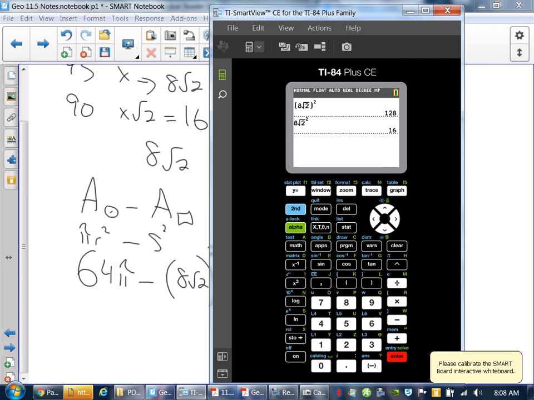When you're squaring something with a root in it, you have to put it in parentheses in the calculator. Because remember, squaring something means junk times junk: 8 root 2 times 8 root 2. That's what that does. You have to be careful. So that means that your square would be 128.